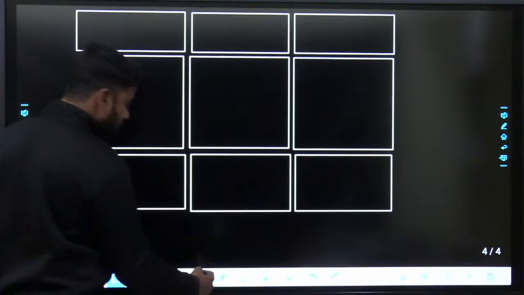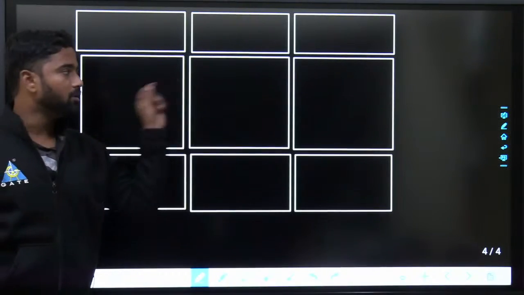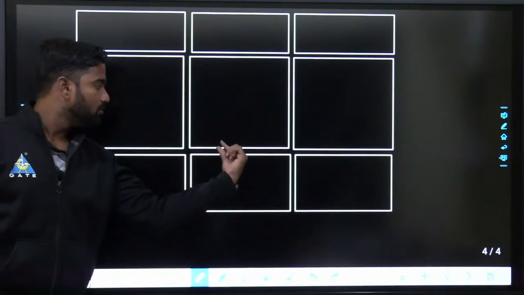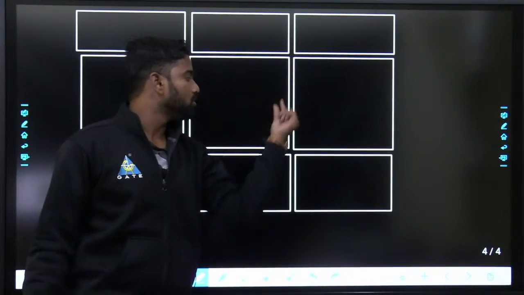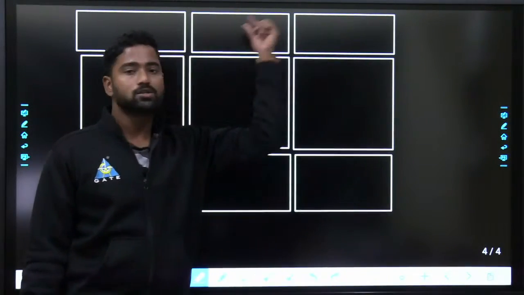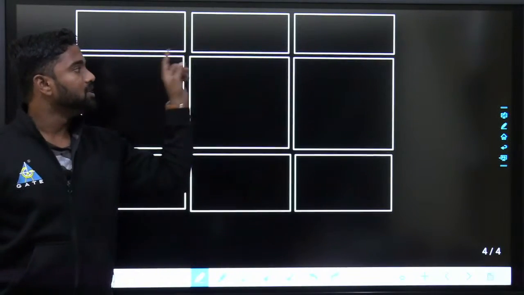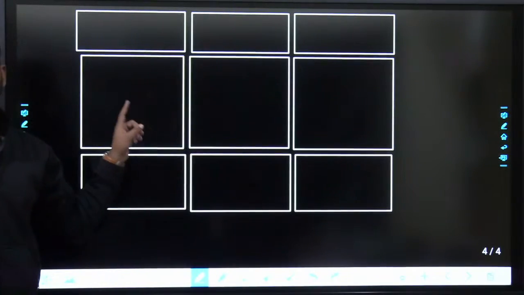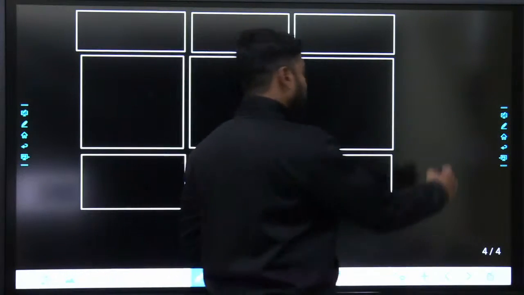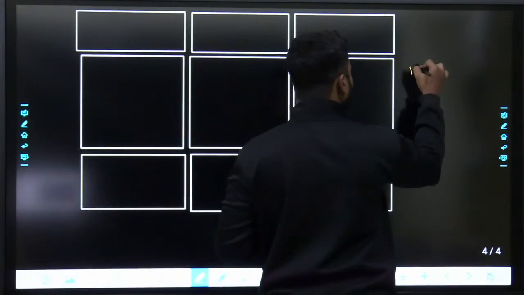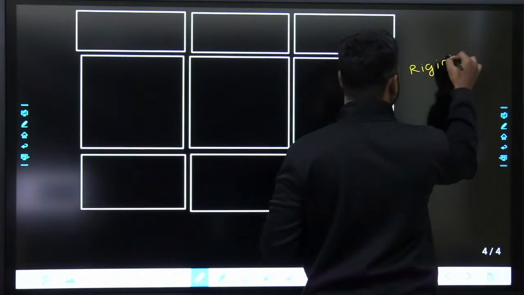So this will be a rigid pavement with different slabs and joints all along. All these joints you will be seeing in the rigid pavement.